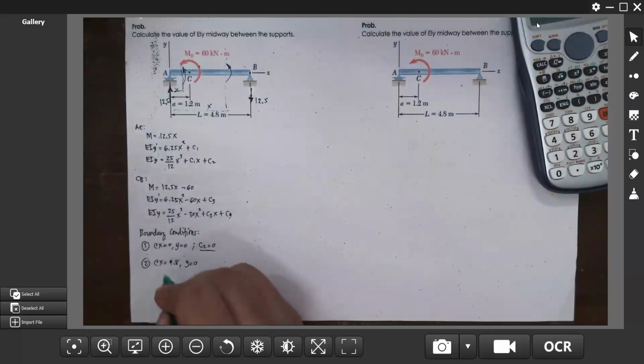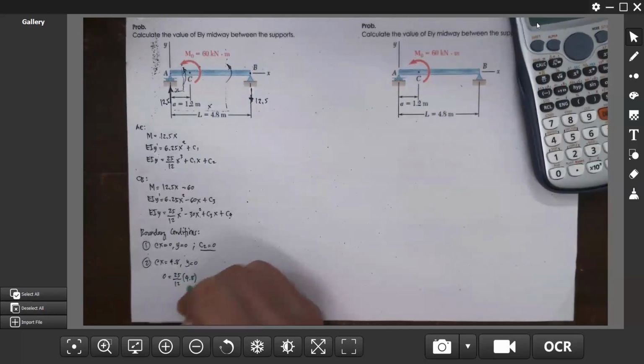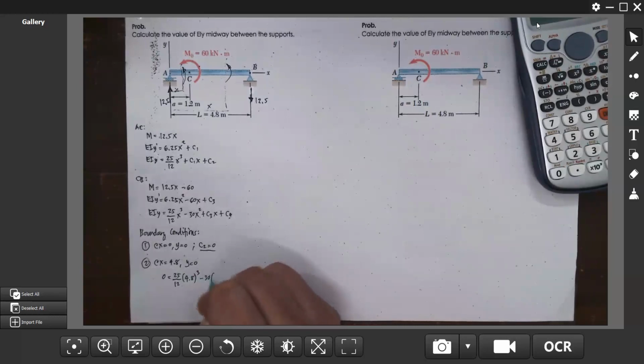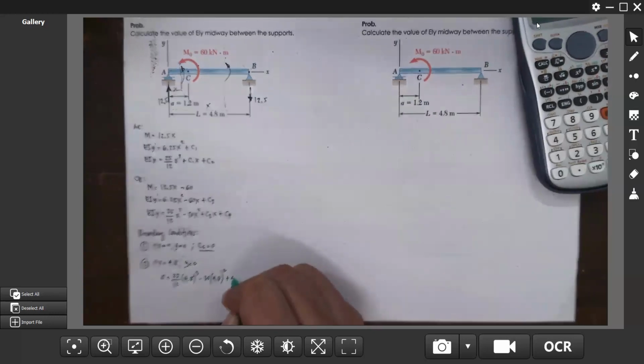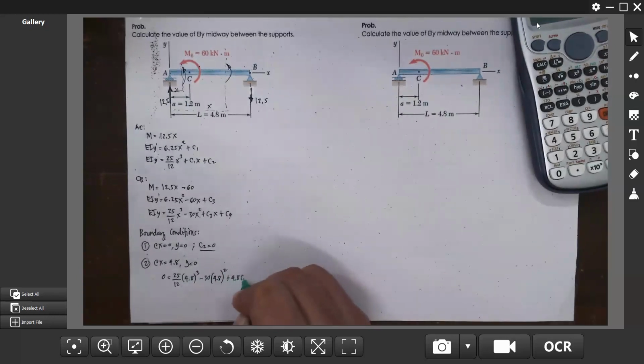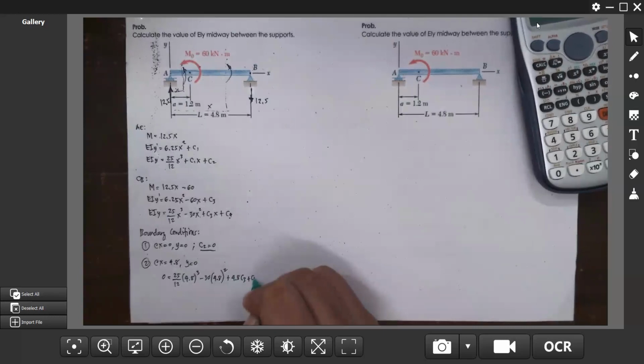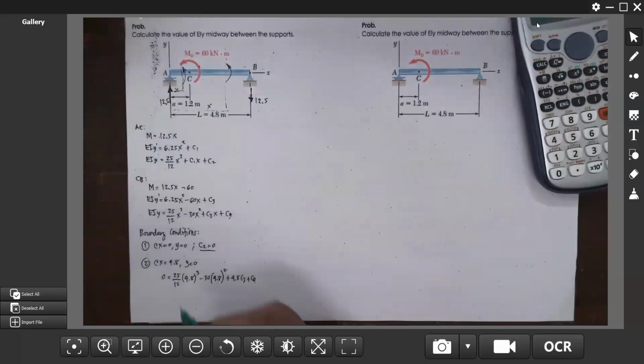So, here 0 equals 25 over 12 times 4.8 cubed minus 30 times 4.8 squared plus 4.8 C3 plus C4.